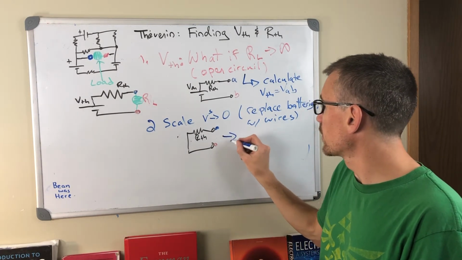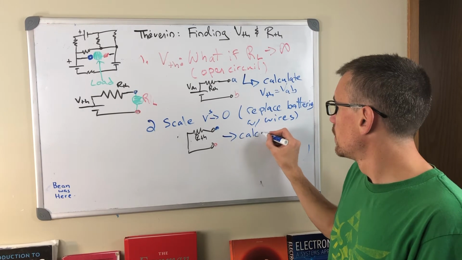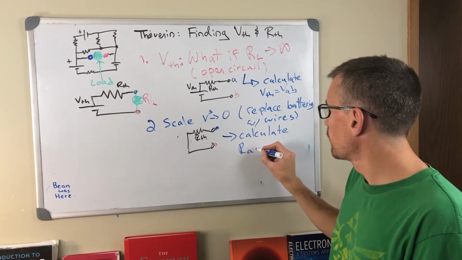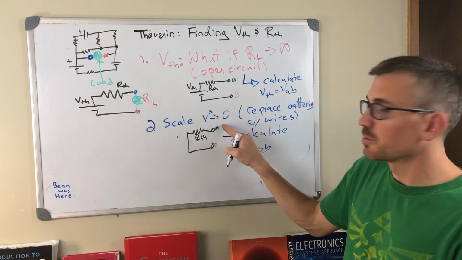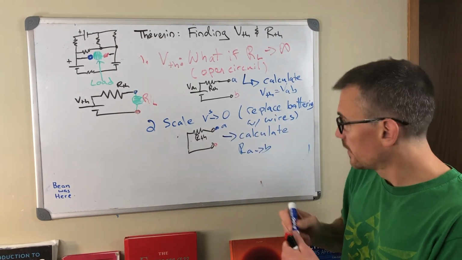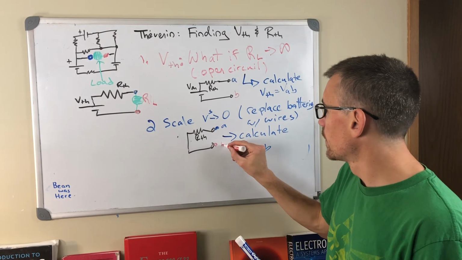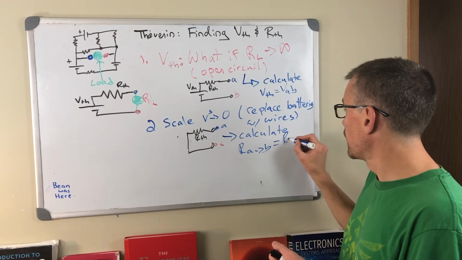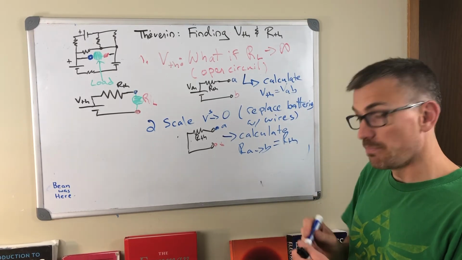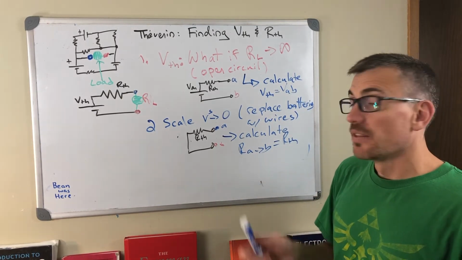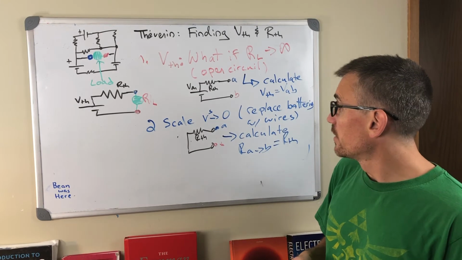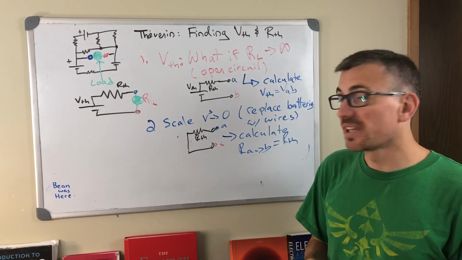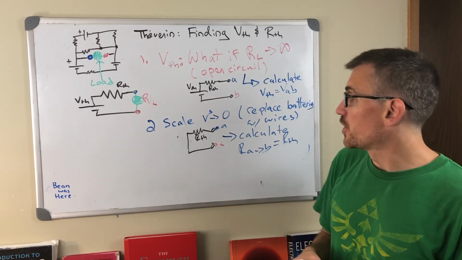We calculate R from A to B, the resistance between node A and node B. And that is equal to R-Thevenin. If I do that, I've measured my R-Thevenin. This is a good way to calculate R-Thevenin. There's at least one final way that we can calculate either V-Thevenin or R-Thevenin.